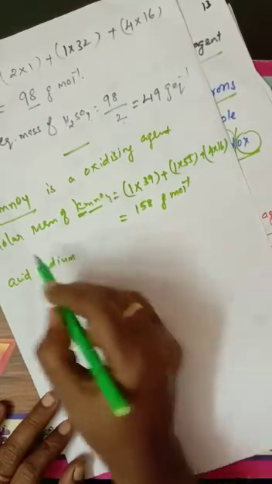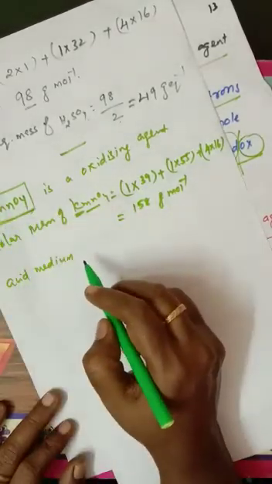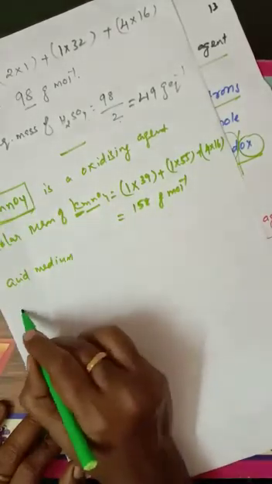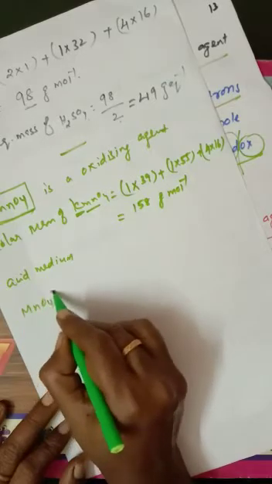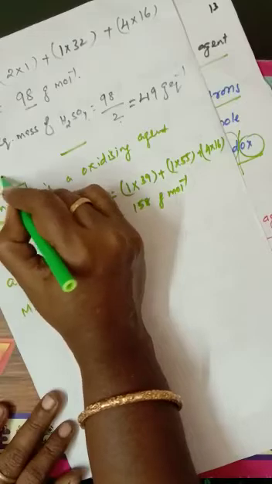In acid medium, the permanganate in potassium permanganate is reduced during oxidation. Permanganate MnO4 minus, if it dissociates, gives K plus and MnO4 minus.